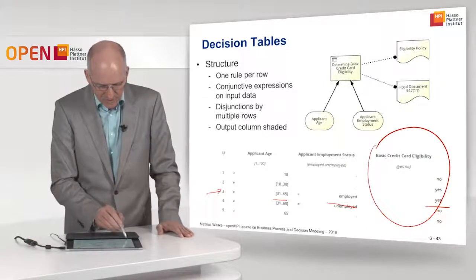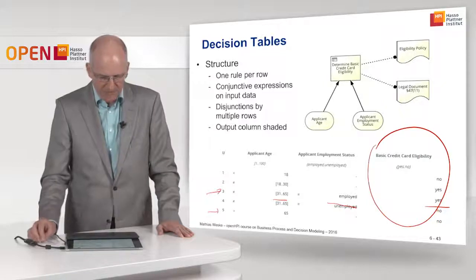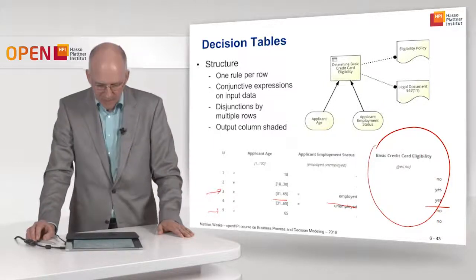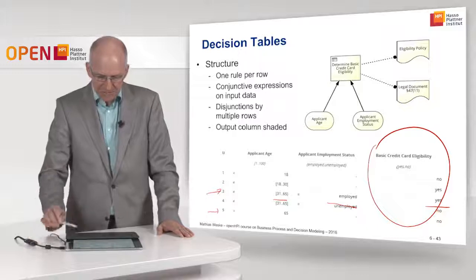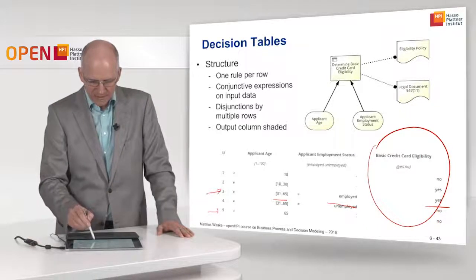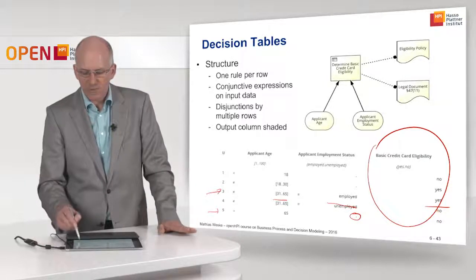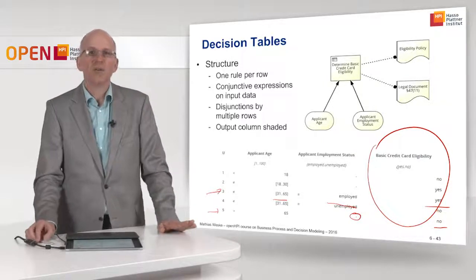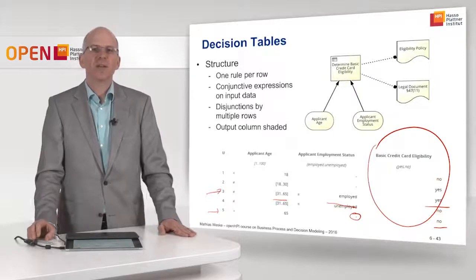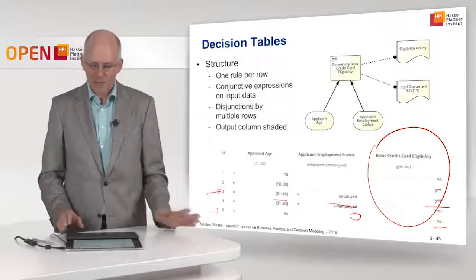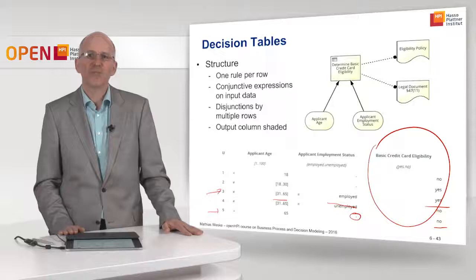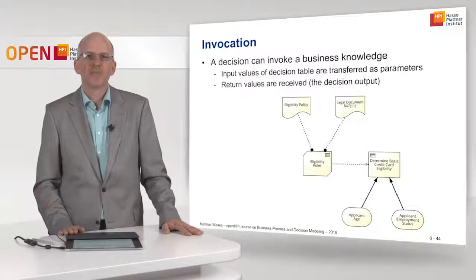Let's look at the last one: if the applicant age exceeds 65 and true, so any value is fine here, so if it's larger than 65, then the output is no. Of course, these examples are all made up. Not only the text example is made up, but also from the logic, these examples are completely made up. They just serve illustration purposes here.